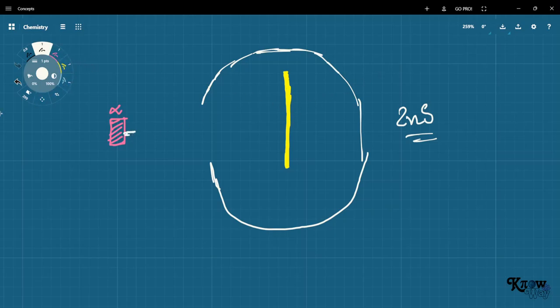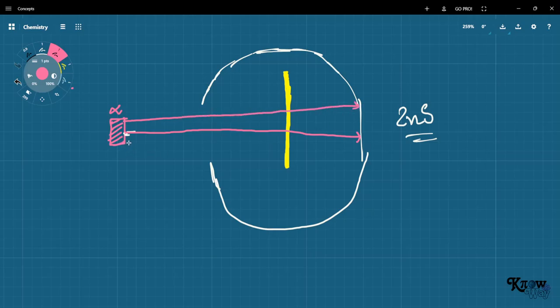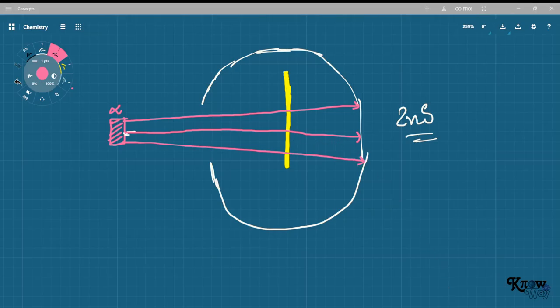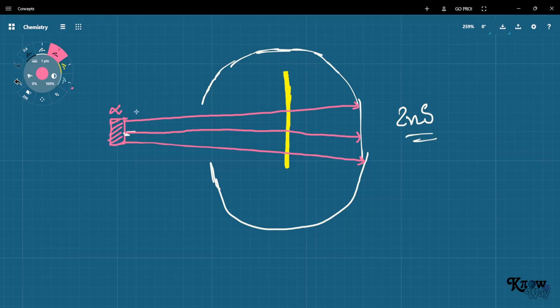His experiment started, and he started hitting the foil with alpha particles. Many of them, most of them, went right through. Some of them got deviated at an angle.